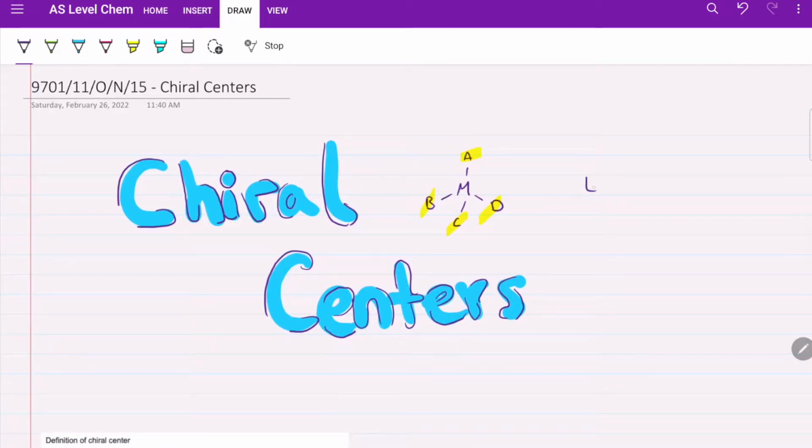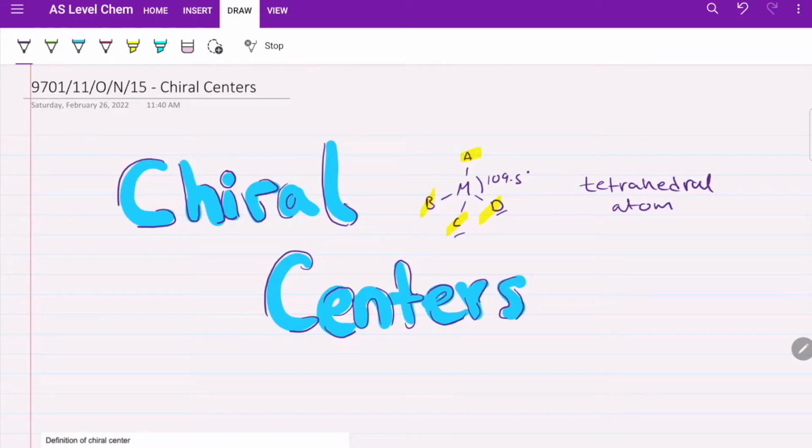So tetrahedral is the geometric shape of a molecule, and they have an angle of 109.5 degrees between each of the atoms or groups. And a chiral center, chiral atom, chirality center, or center of chirality, these are all different ways to say the same exact thing, right? It's a tetrahedral atom in a molecule bearing 4 different atoms or groups.